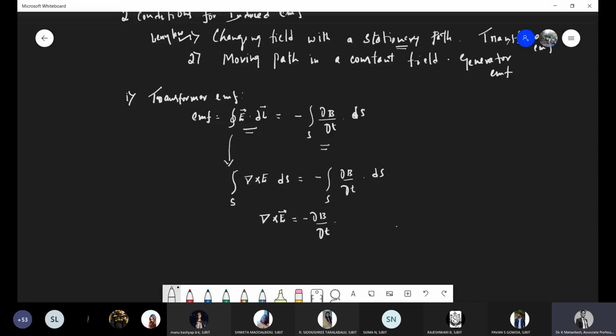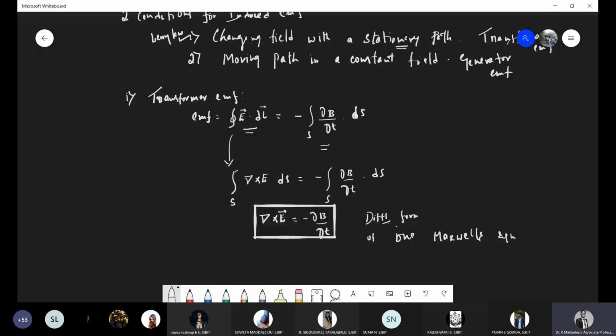And this is the differential form of one of Maxwell's four equations. Out of four, this is the one which we have derived in differential form, or point form. Is this okay?